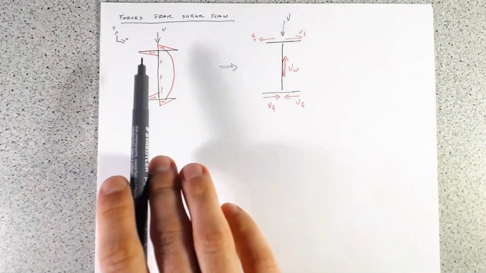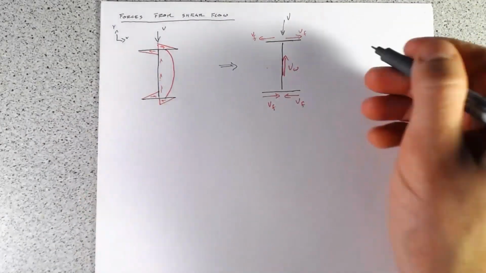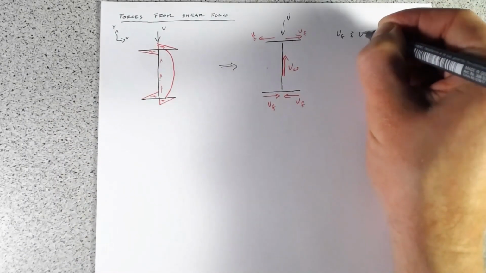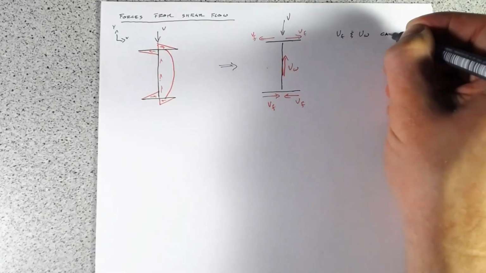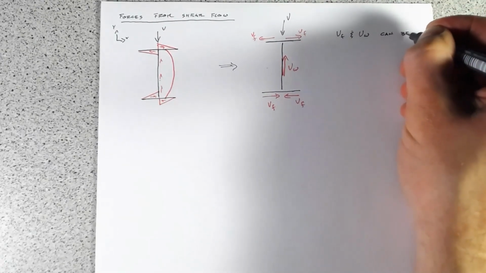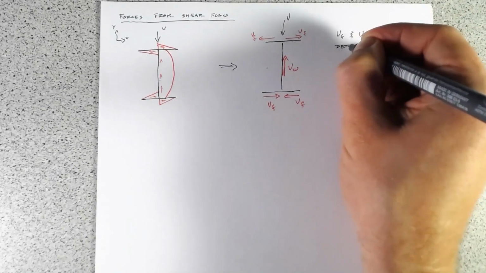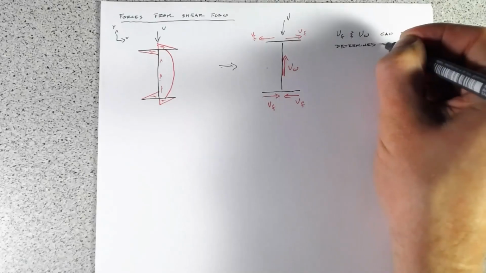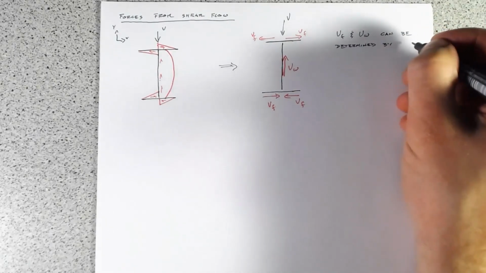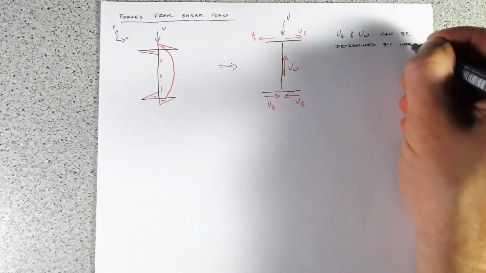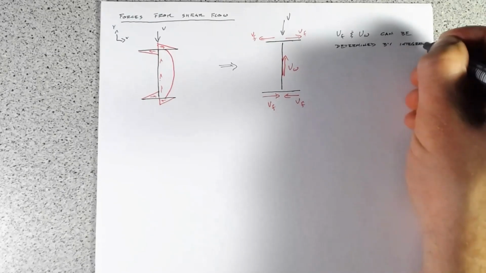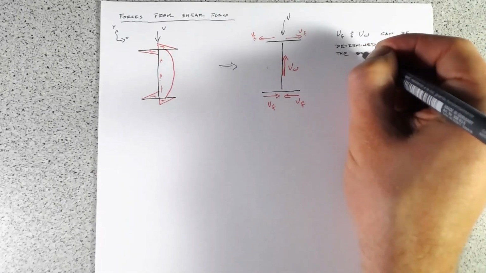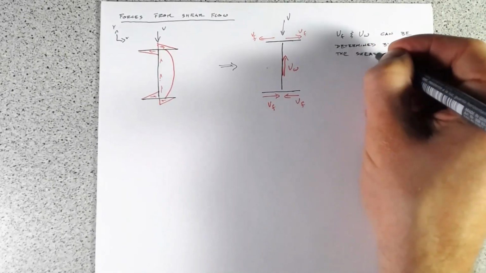How we get from here to here, say if we look at the flange, V_F and V_W can be determined by integrating the shear flow distribution.